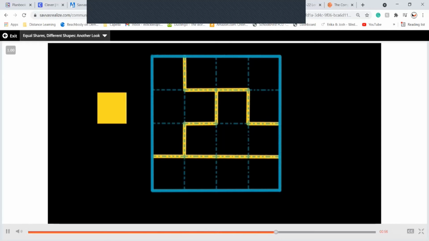How about this? Yes, this shows 4 equal shares. Even though the shares are a different shape, each share has 4 equal-sized squares. It's fun to find equal shares. Sometimes the equal shares will all be the same shape, and sometimes they won't. It all depends on how creative you want to be.